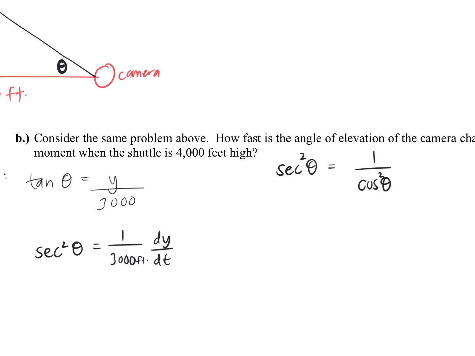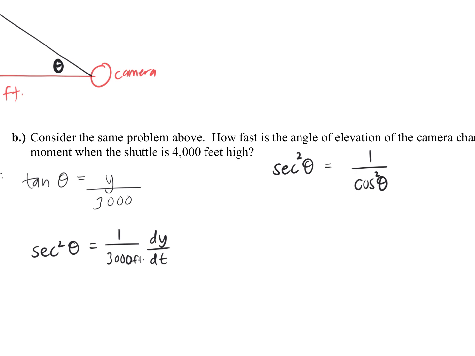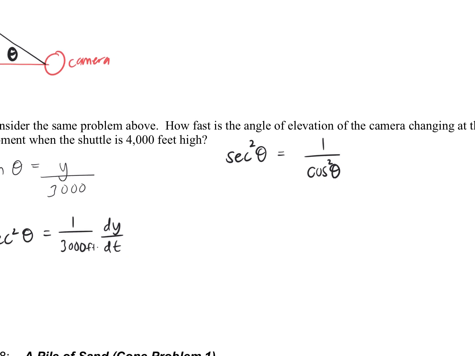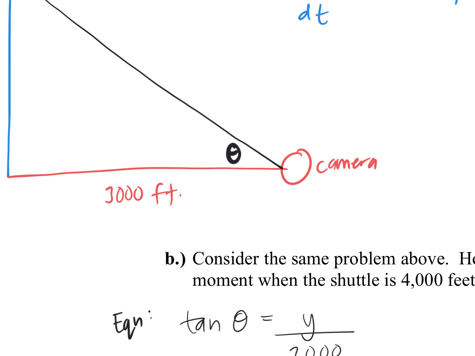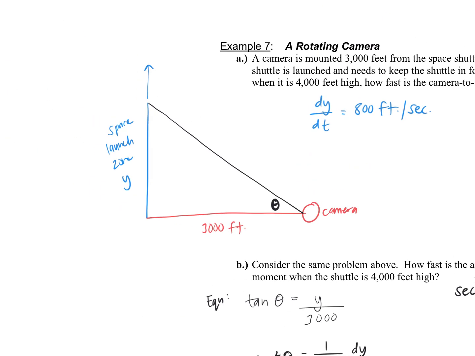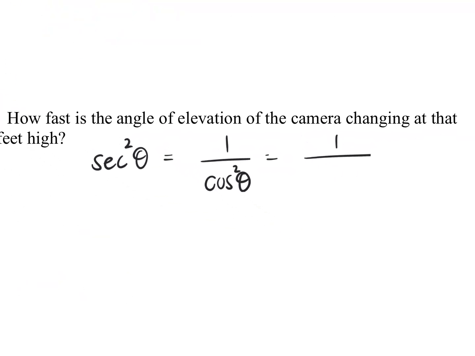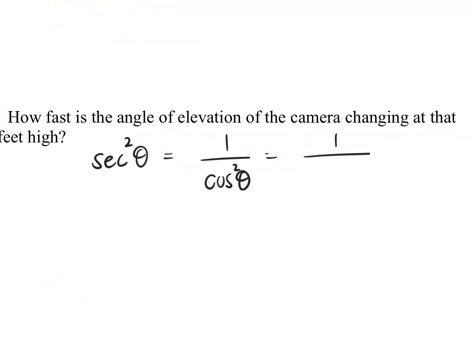If I were to evaluate this for the triangle that we're given, I would have 1 over cosine. Cosine would be adjacent over hypotenuse. So I've got 3,000 feet over my hypotenuse. I'd have to find that. I've got 3,000 and 4,000, so my hypotenuse is 5,000.